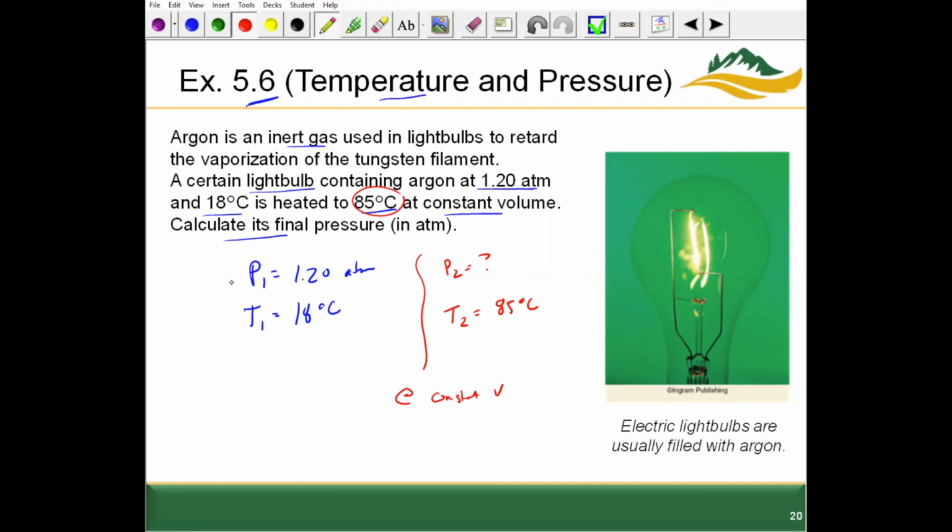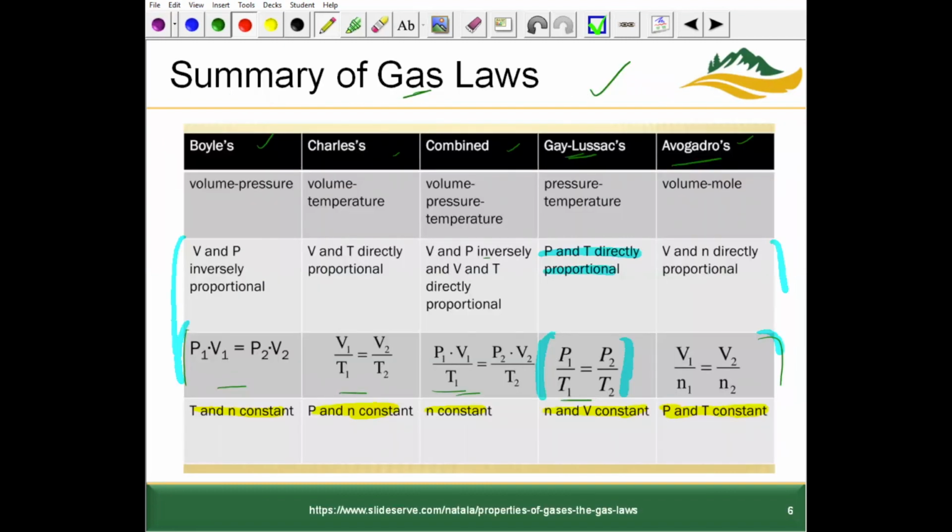We haven't yet done a problem connecting pressure and temperature, so I wanted to do this example with you as well. Going back up to this handy summary of the gas laws in this table, we want to use this equation connecting pressure and temperature at constant volume and not changing the number of moles of gas. So P1 over T1 is equal to P2 over T2.